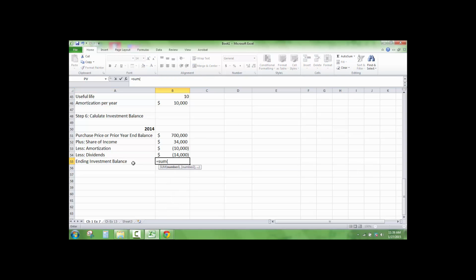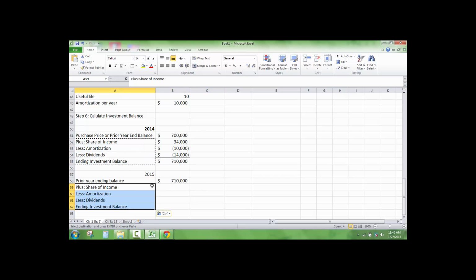And now we're just going to add these all up. And then for 2015, it's prior year ending balance, which was 710, and the formula is the same. So I'm just going to copy this.